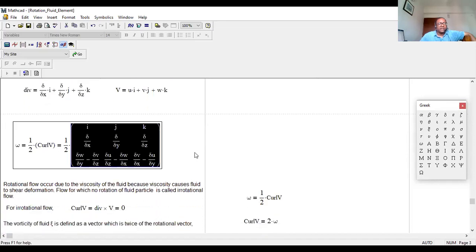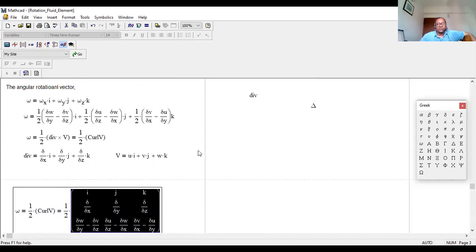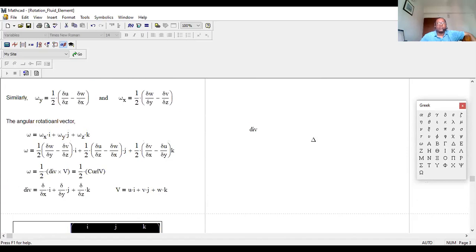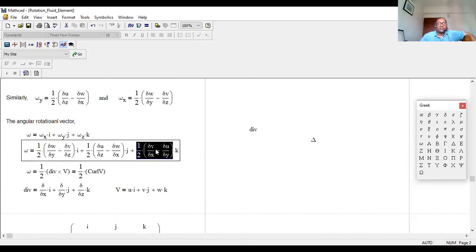Now, if there is no rotation along z-axis, then what will happen? This term will be 0. That means the fluid element, this is omega z, right? The fluid element rotates along x-axis and y-axis. If this one is 0, that means omega y is 0, and rotation will happen along x-axis and z-axis. If all of them are 0, then there will be no rotation in the fluid element.